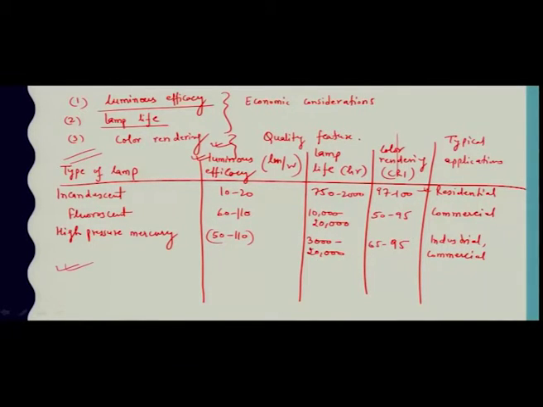Lamp life is how long the type of lamp is expected to last, and that is expressed in hours. There are variations and trade-offs within a given type. For example, a long life incandescent bulb lasts longer than a conventional incandescent bulb, but its light output, that is in lumens, is lower during that life.